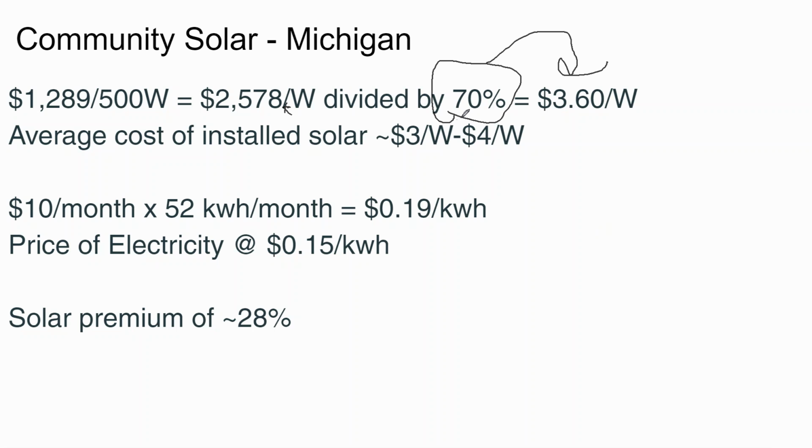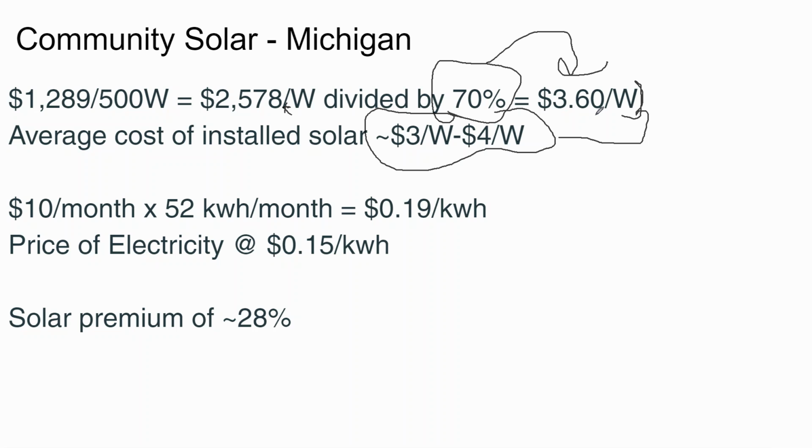And so that's kind of interesting. At the time when Michigan was offering this program, installed solar on the roof was going for between $3 and $4 a watt. And so basically what this was enabling the Michigan utility to do is directly compete with solar installers.